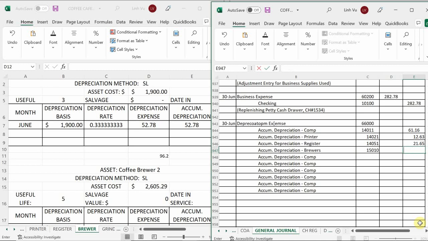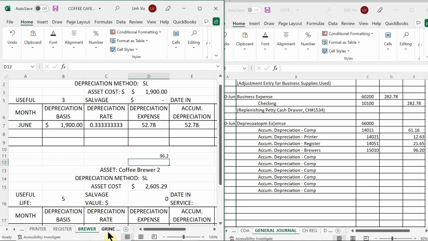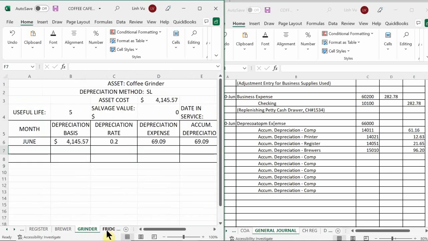Wait, we have two of them, for a total of $96.20. Next one is going to be our grinder.